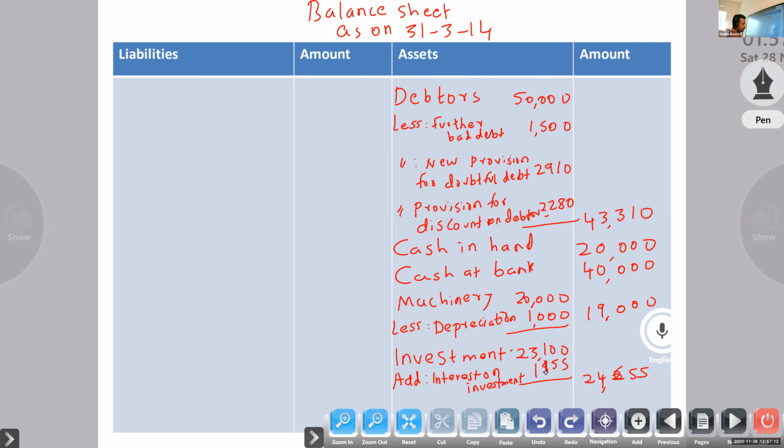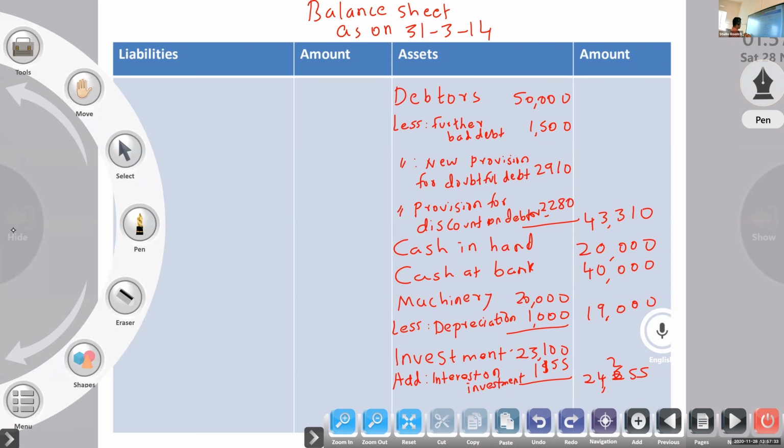Sorry, here it is 1,155. Look, it is correct now. Accrued interest 1,155. We wrote that in the profit and loss account. Check: 1,155. Okay, 23,100. I made that mistake. Here 1,000.